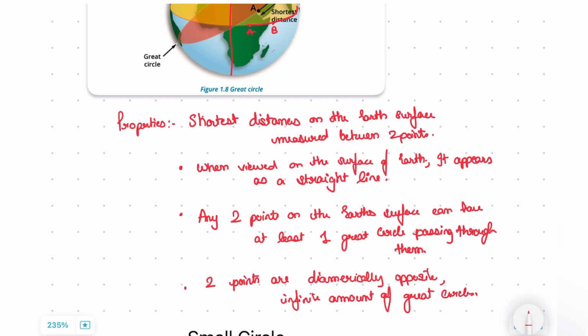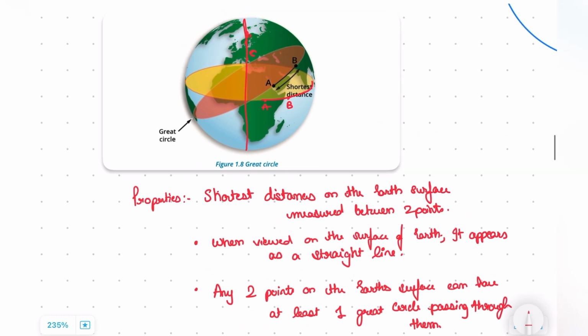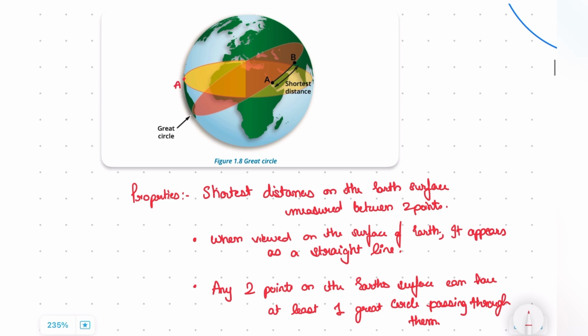I can draw an infinite amount of great circles if my 2 points were to lie opposite to each other. This is very easy to visualize. If we have 2 points, let's say here, and we have another point here, I can draw an infinite amount of great circles passing through them.